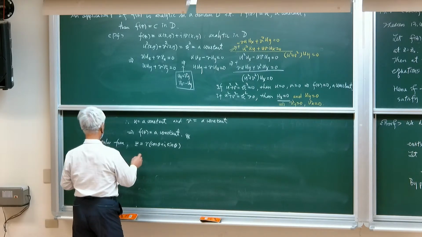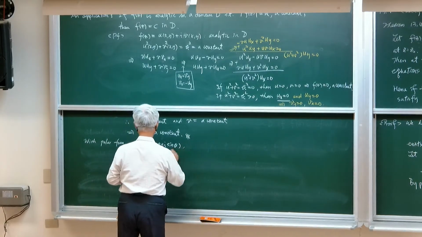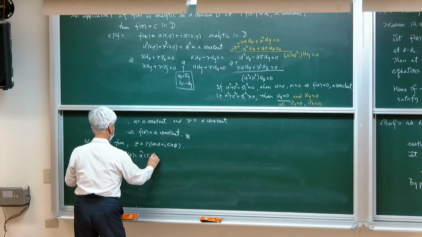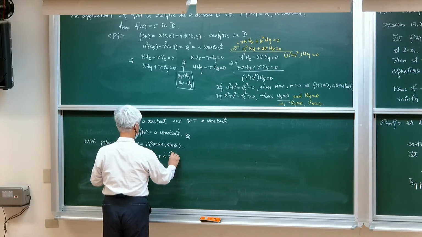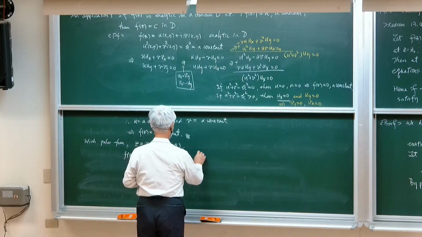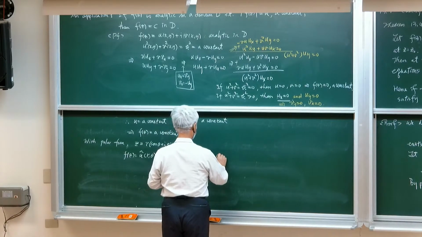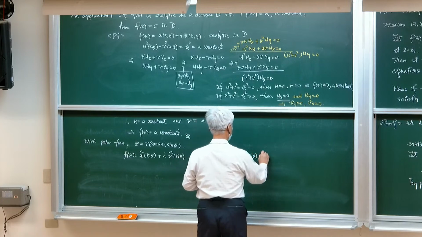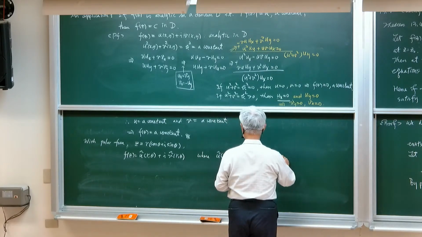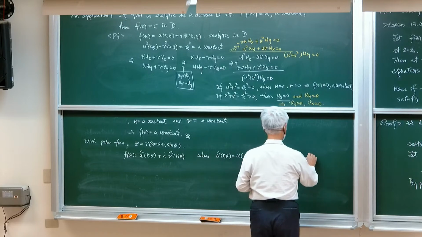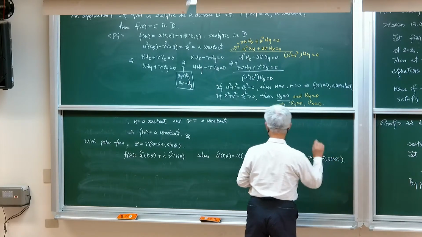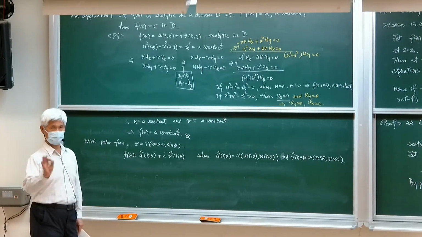And so f(z) can be written as u tilde(r, theta) plus i v tilde(r, theta), where u tilde(r, theta) is equal to u(x(r, theta), y(r, theta)), and v tilde(r, theta) is equal to v(x(r, theta), y(r, theta)). So we have a coordinate transformation.